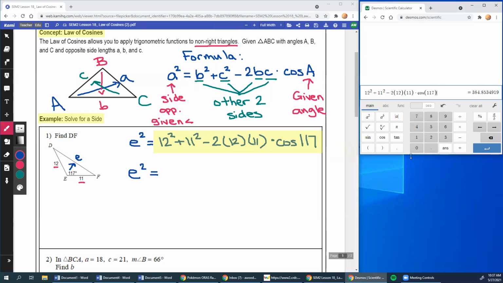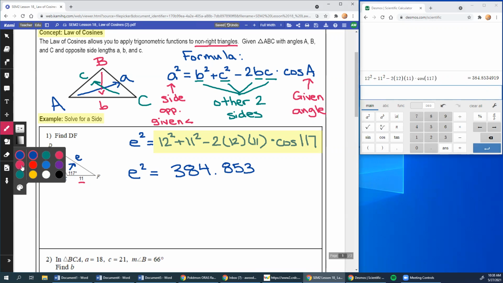As long as you plug it in exactly how you see it with the parentheses and all, you will be absolutely fine. And there we go. Now, because this is a decimal and we still have one more step we have to do, I'm going to keep at least 3 decimals. So 8, 5, 3. So I would keep at least 3 decimals here.